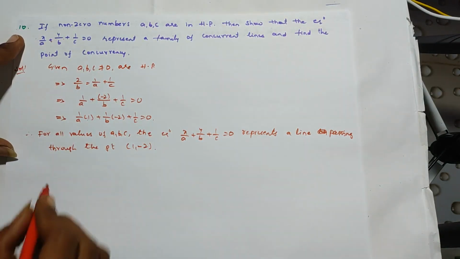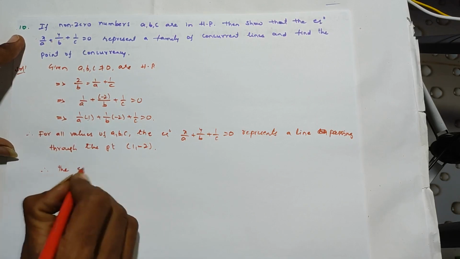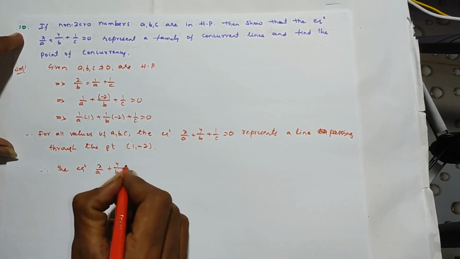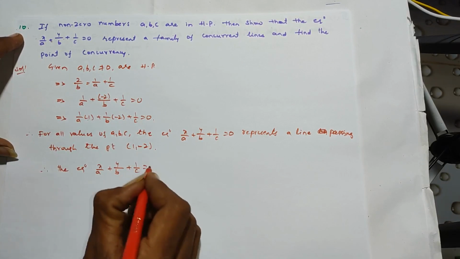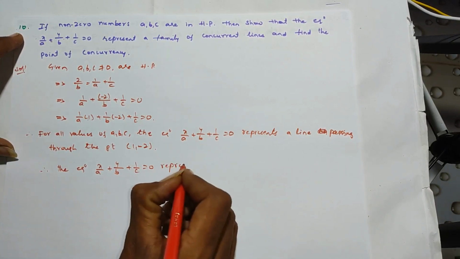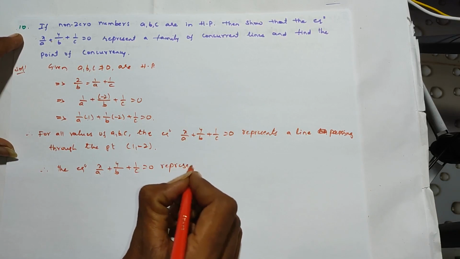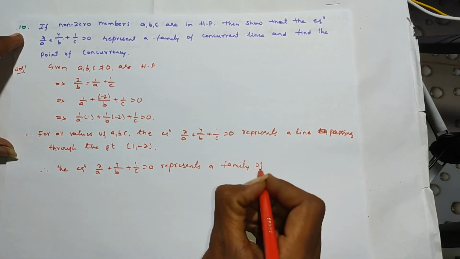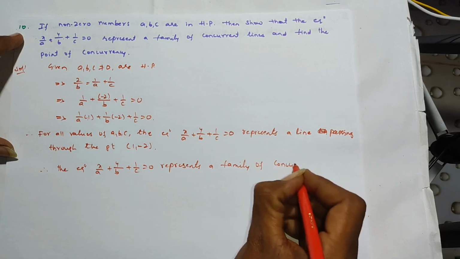Clear? Therefore, the equation x/a + y/b + 1/c = 0 represents a family of concurrent lines.